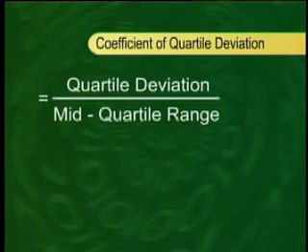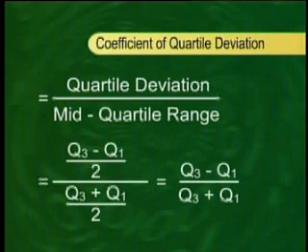As you will recall, in the last lecture, the mid-quartile range was defined as Q3 plus Q1 over 2, and if I divide the quartile deviation, that is Q3 minus Q1 over 2, by the mid-quartile range, that is Q3 plus Q1 over 2, solving this expression, we obtain Q3 minus Q1 over Q3 plus Q1.